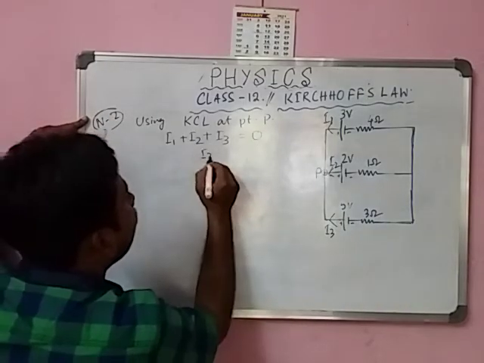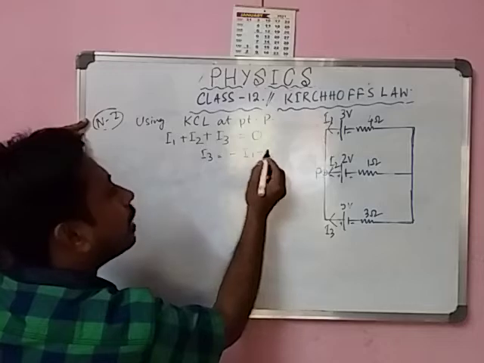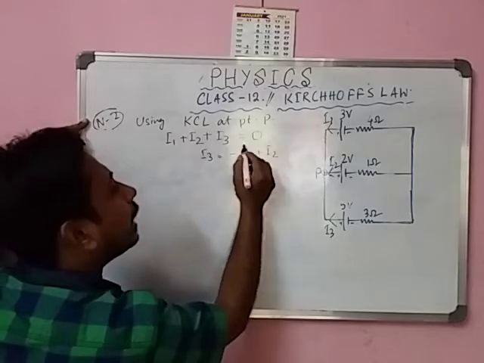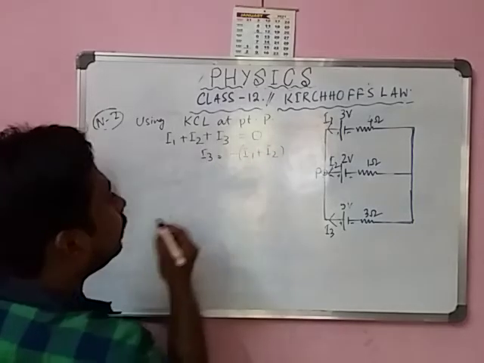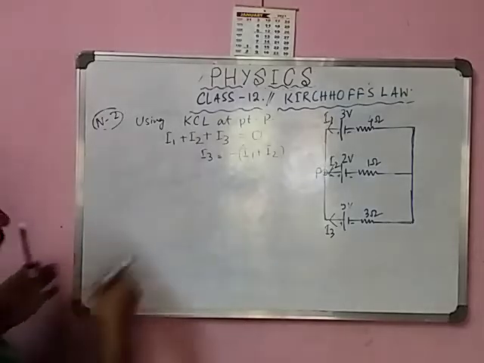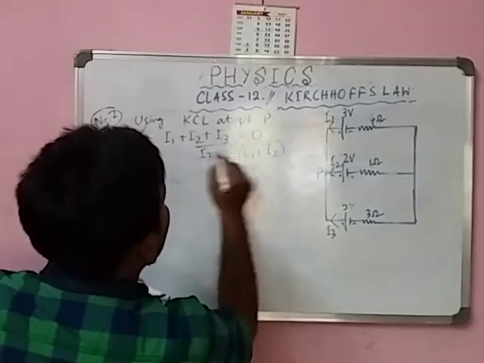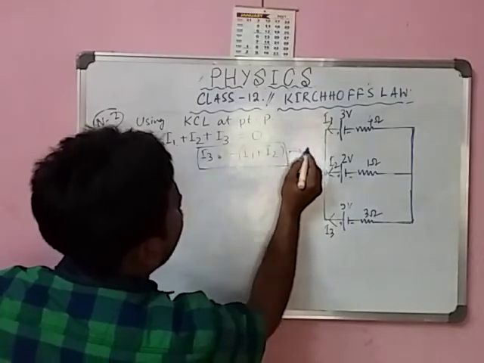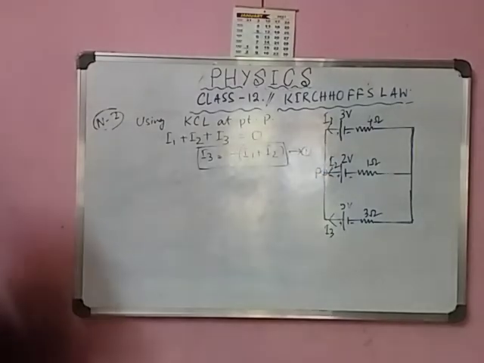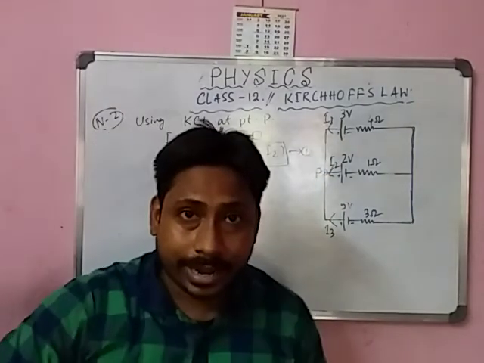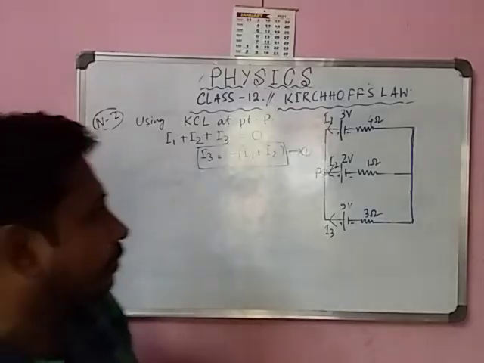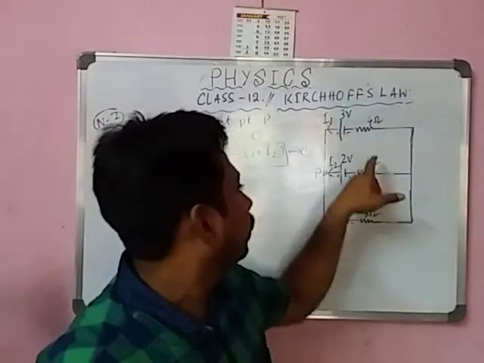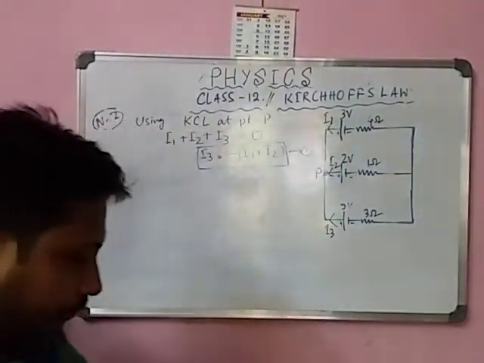From this we can calculate I3 equal to minus (I1 plus I2), right? This is our first equation. Now the second and third equations we'll write for the first loop and second loop.